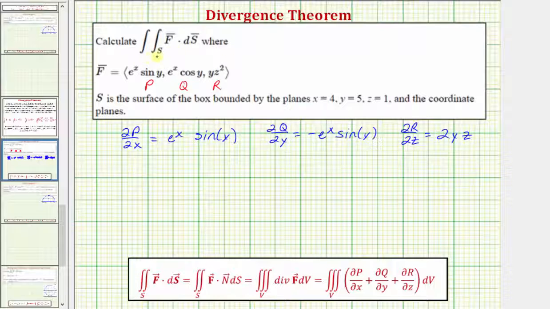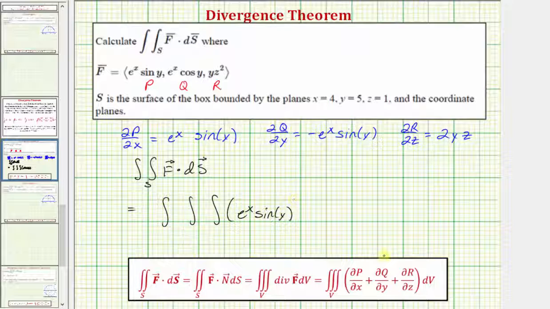So the flux integral, or the given surface integral, is equal to the triple integral over the solid region V of the sum of these partial derivatives, which should be e^x sin y plus negative e^x sin y, or minus e^x sin y, plus 2yz.